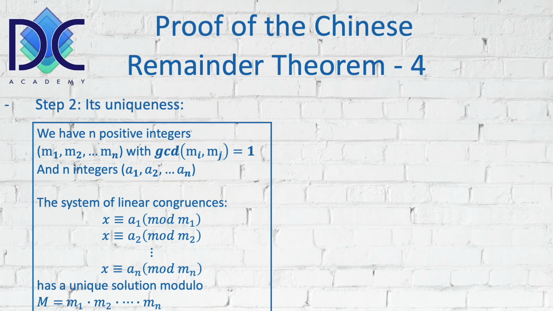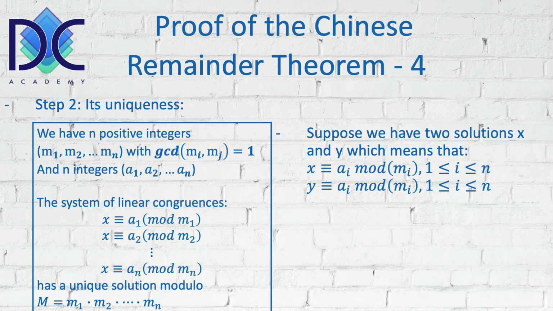The thing that we have to do now is to see, is this unique? To prove that it's unique, I will suppose that we have two solutions, x and y, that comply with the system of linear congruences. So basically we can say that x is congruent with ai modulus mi for i larger than or equal to 1 but smaller than or equal to n, and the same applies for y congruent with ai modulus mi.